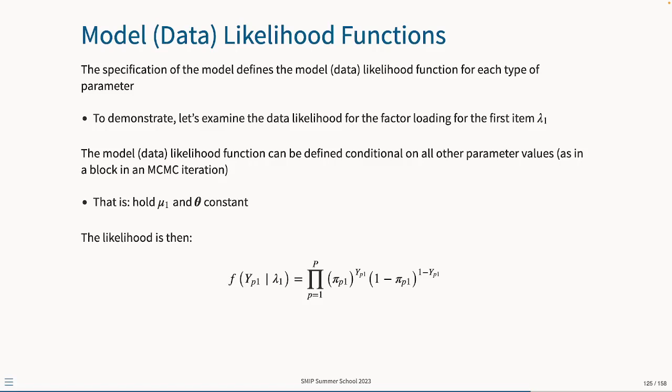Now remember, that is the IRT model, right? That pi p1 is equal to e to mu1 plus lambda 1 times theta, and so forth. This right here is our IRT model, and this product indicates we're taking this across all people and that people are independent. So that is our model data likelihood for one of the parameters.